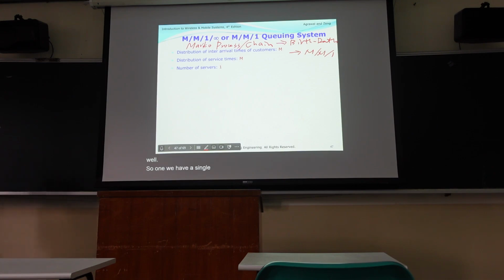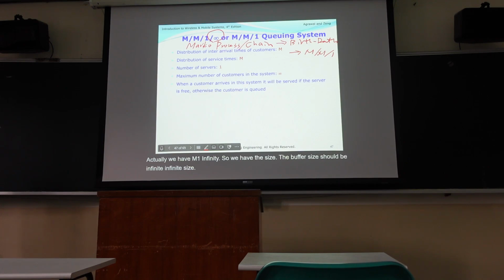Even if we don't have the fourth and fifth positions, actually we have M/M/1/infinity. So the buffer size should be infinite. For this kind of system, we allow the customer to arrive, and it will be served only when the server is free or idle.